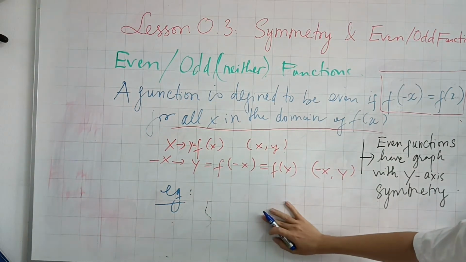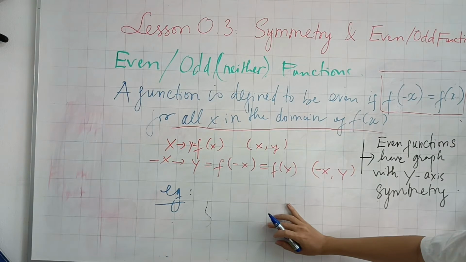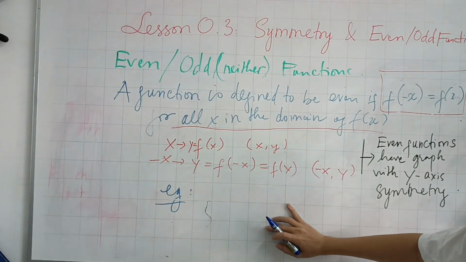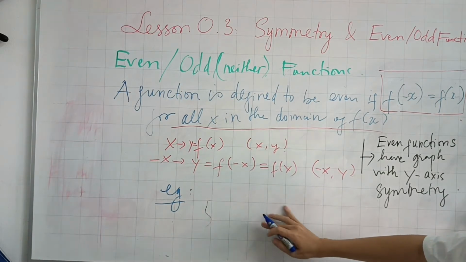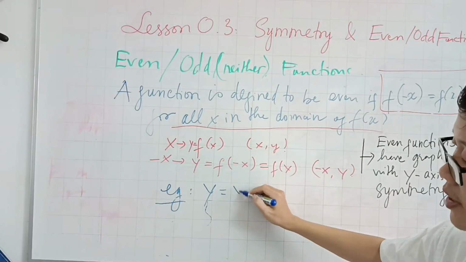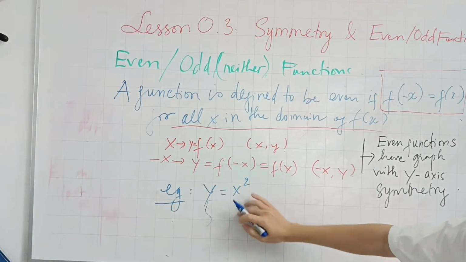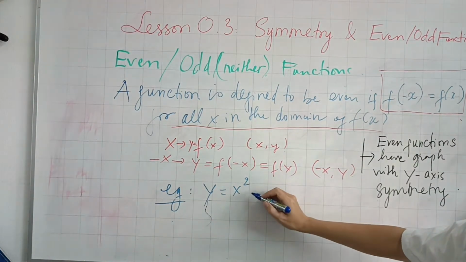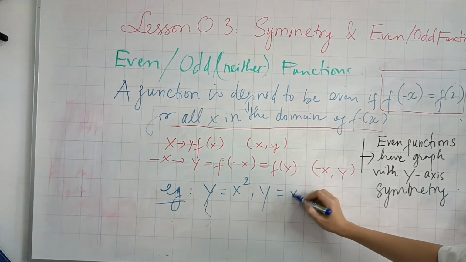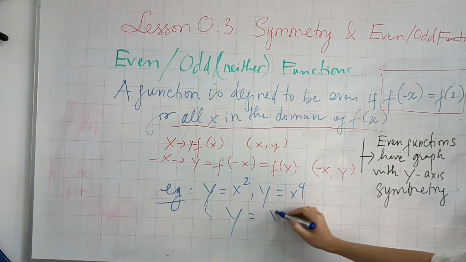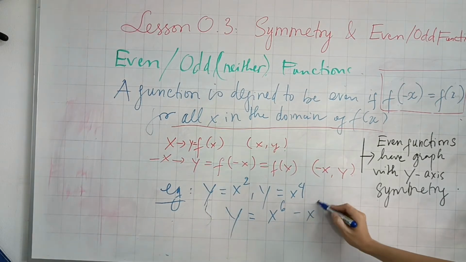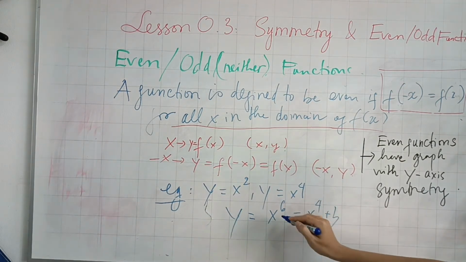So a function whose terms all have even exponents is an even function, like y equals x squared, which is a parabola, y equals x^4, y equals x^6 minus x^4 plus 3.